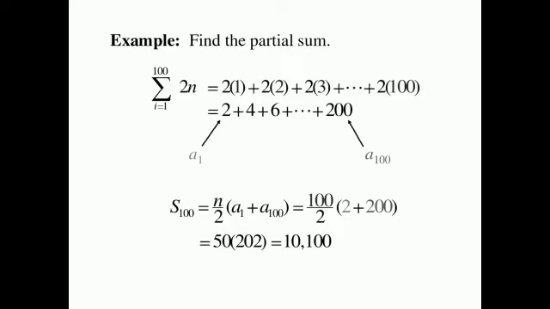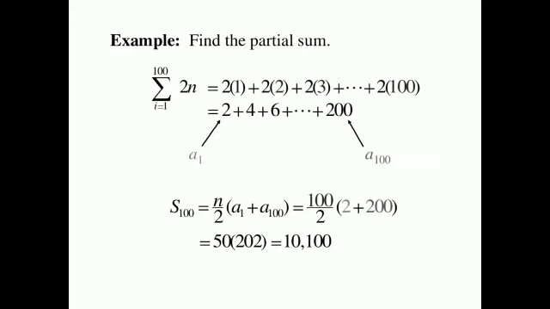Find the sum of the sequence. Here i is equal to 1 to 100 and our function is 2n. So give the value of n. We start with 1 to 100. In this example, they give the value 1: 2 into 1 is 2, 2 into 2 is 4, 2 into 3 is 6, and the last number 2 into 100 is 200.